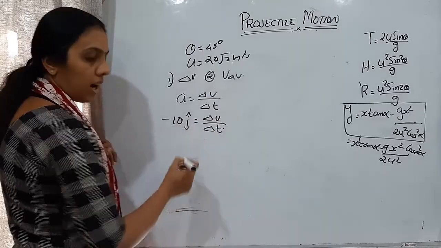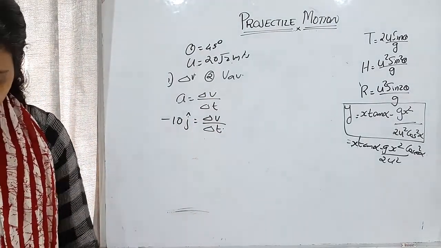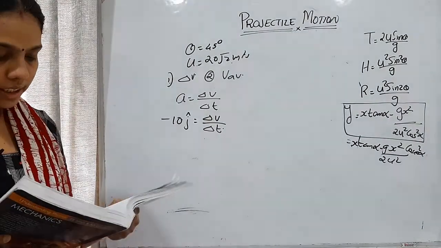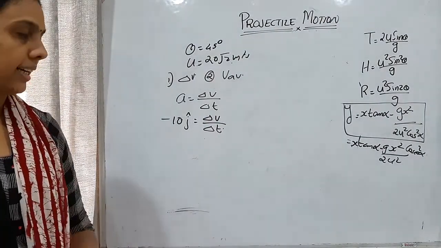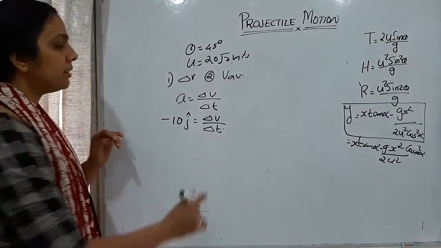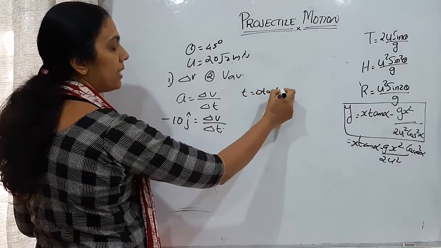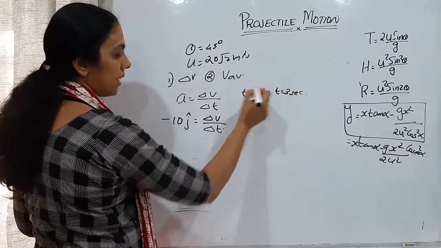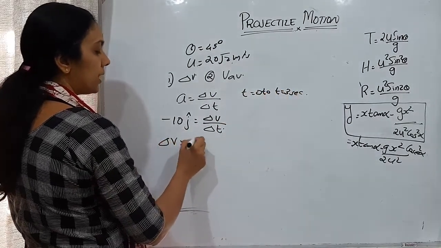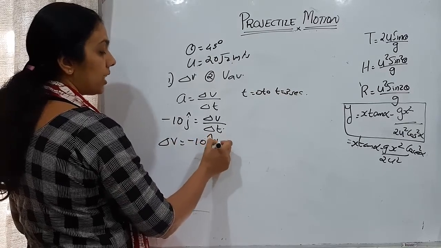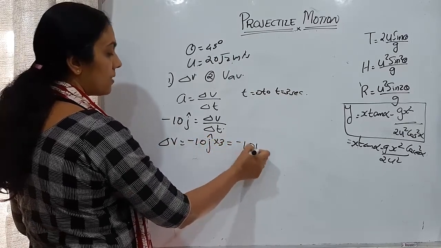Here the time is given as t equals 0 to t equals 3 seconds. So the time interval is 3. Therefore delta v we will be getting as minus 10 j cap into 3, that is equal to minus 30 j.